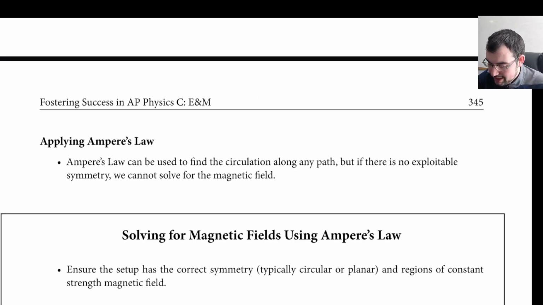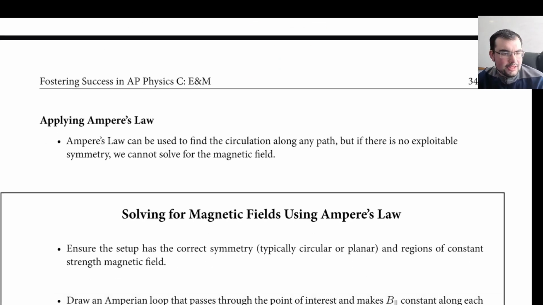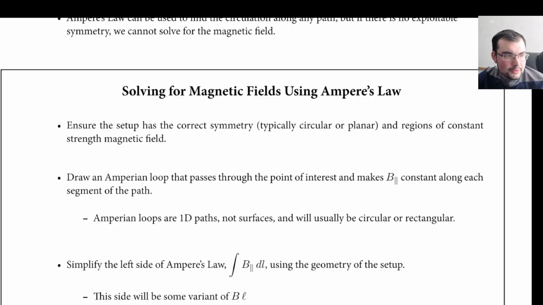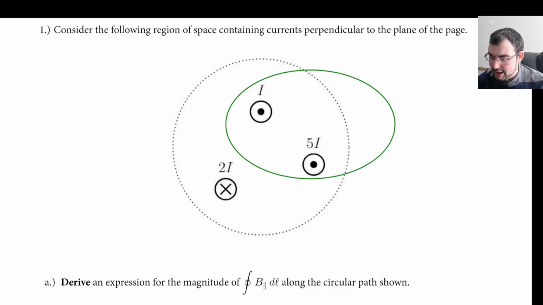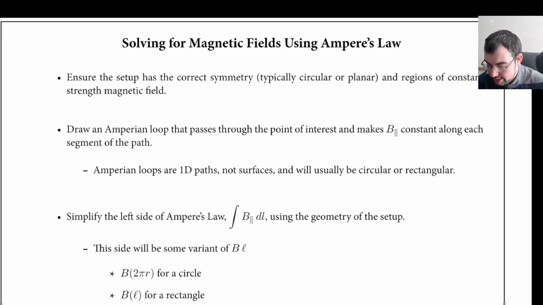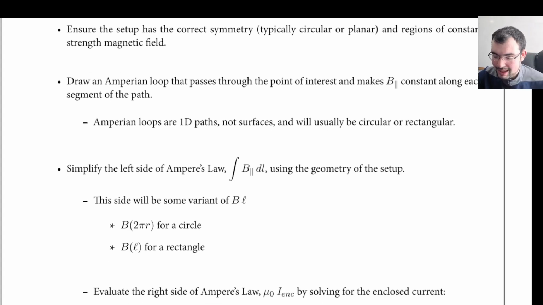So here's how we apply it. This is going to look very similar to Gauss. So first, you got to have symmetry. So this problem, absolutely not. There's no symmetry. But a single wire, absolutely, circular. Inside a wire, circular. And there's only 2 possible Amperian loops that we'll really draw that are useful. Just like the integral side looks scary, like I know that's a very scary looking symbol, especially with a closed path. It's never hard.